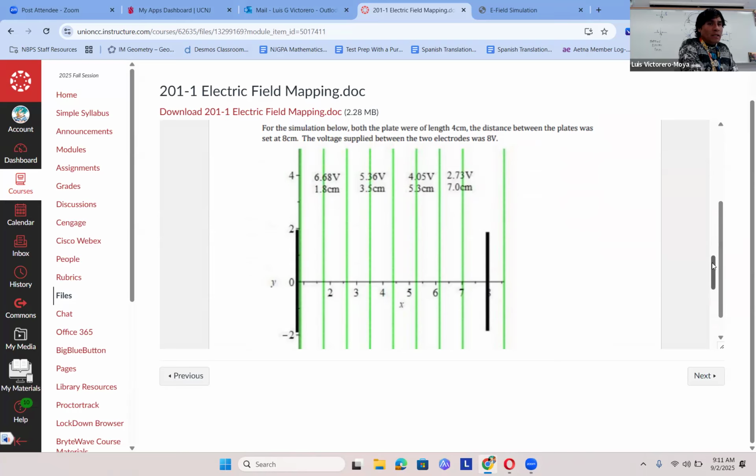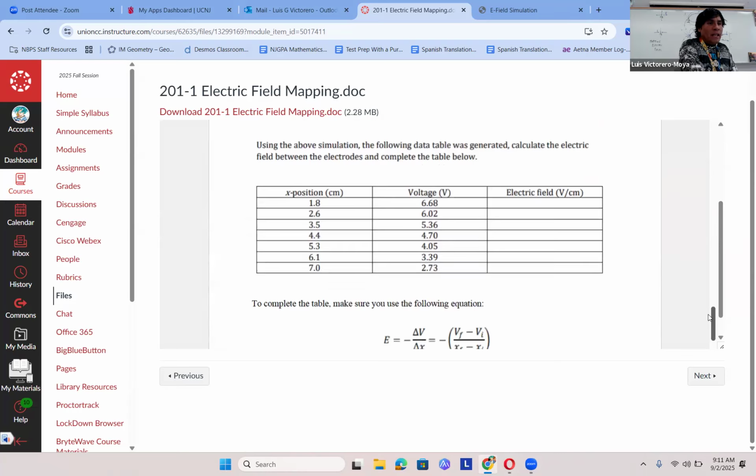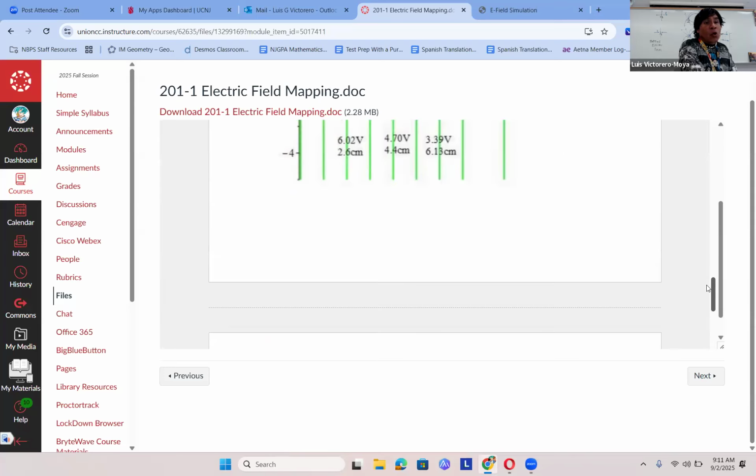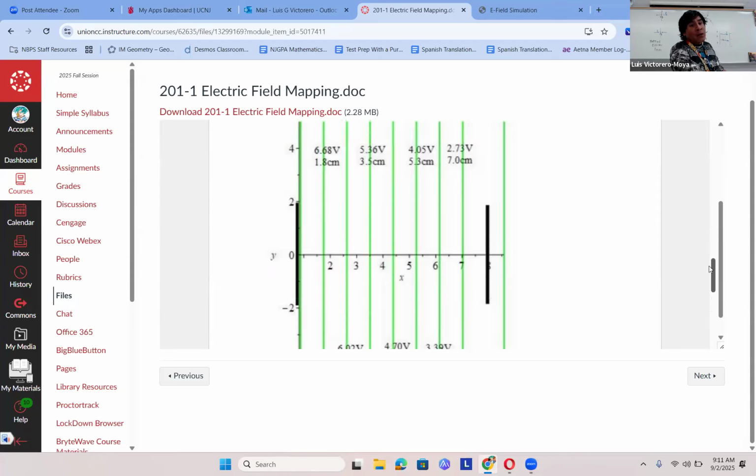Now, you're going to complete this table. You're going to find the electric field using the equation that you should have covered by now in the lecture, where electric field is negative change in potential over displacement, or delta X. So let's do it for these 2 points, 6.68 and 5.36.